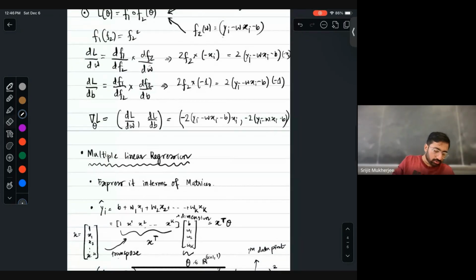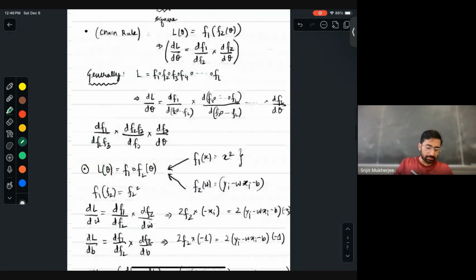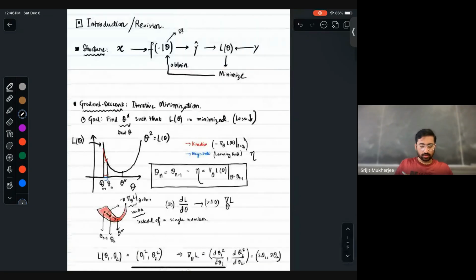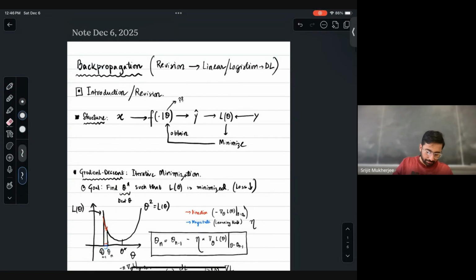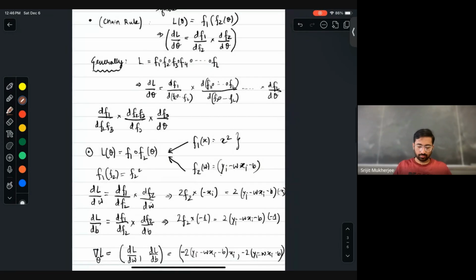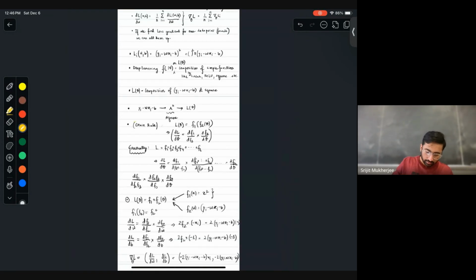So we have learned now how the entire process happens for multiple linear regression. We have learned how the entire process happens for simple linear regression here. Let's call it simple. And we have seen how things happen for gradient descent and the code structure. Okay, so let's mark the important thing, chain rule.